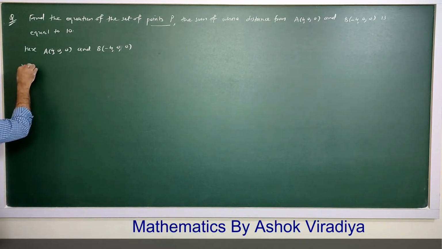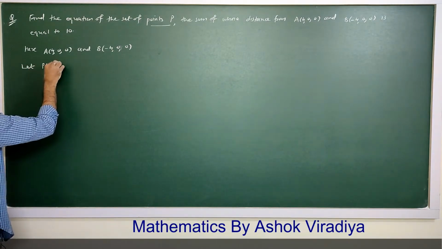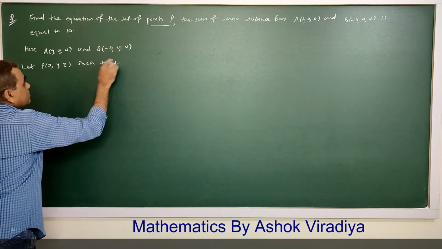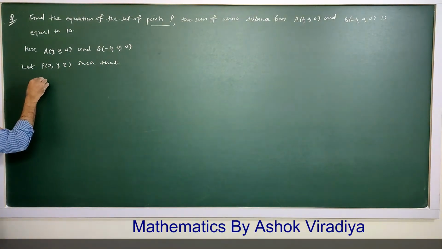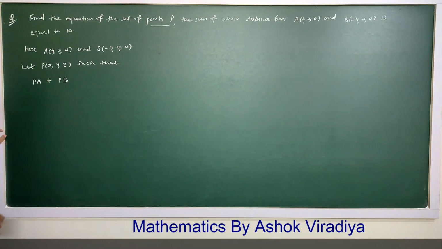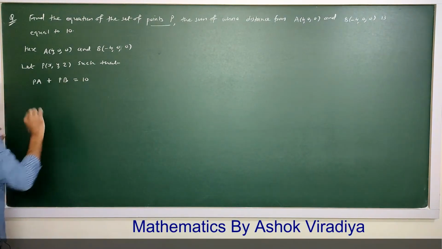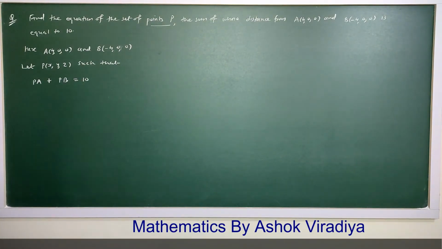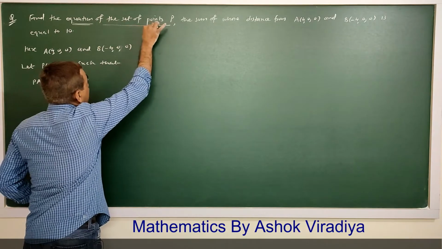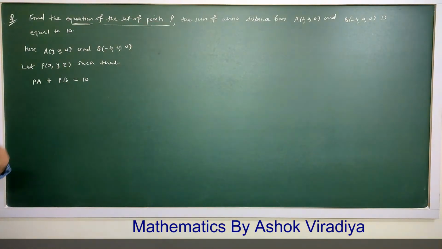So let P be the point such that its distance from A plus its distance from B is equal to 10. Now we want the equation of point P, that means the equation which will be satisfied by the coordinates of every such point P.